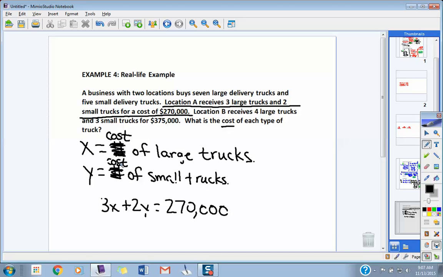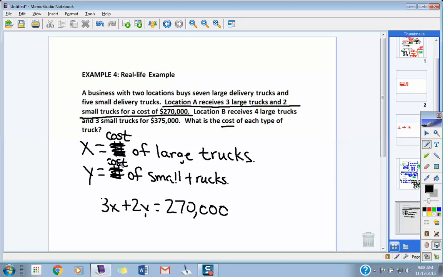Okay. Everybody agree with that first equation? All right, so there's 3 large trucks at a cost of x dollars, plus 2 small trucks at a cost of y dollars per truck. That has to total 270,000. All right, how about my next one?